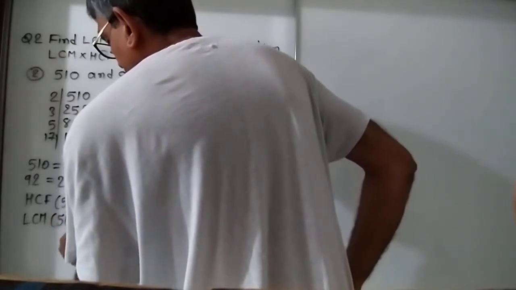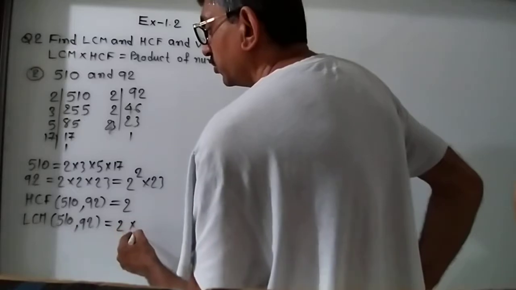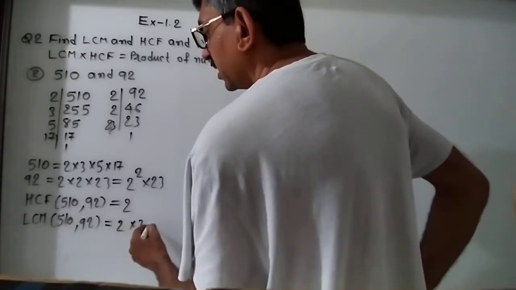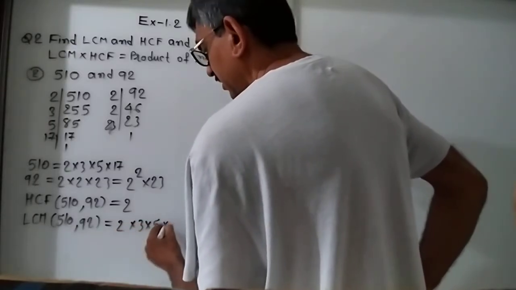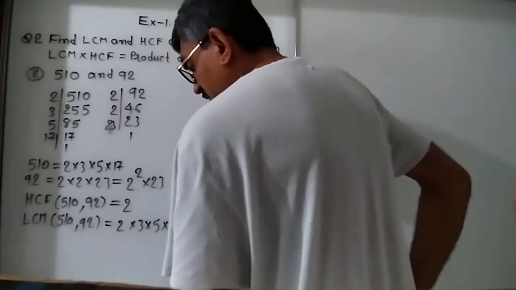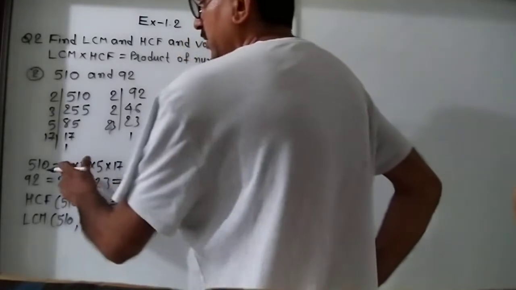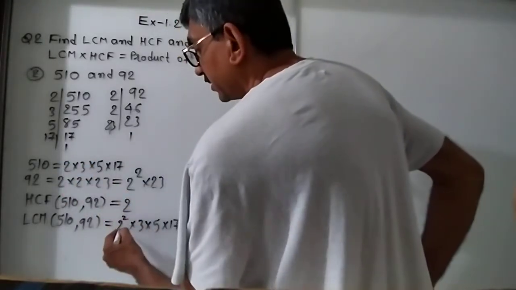Now the LCM of 510 and 92. Take all the factors: 2, 3, 5, 17, 23. But the highest power of 2 here is 2, here it is 1, so we write 2 squared.